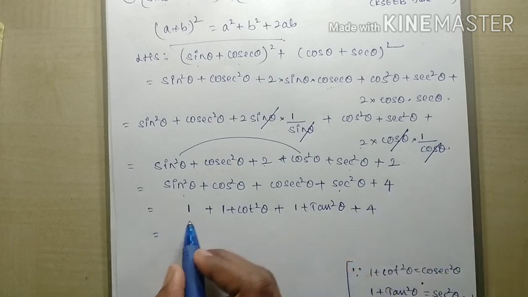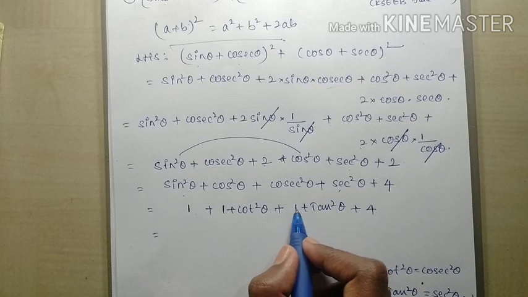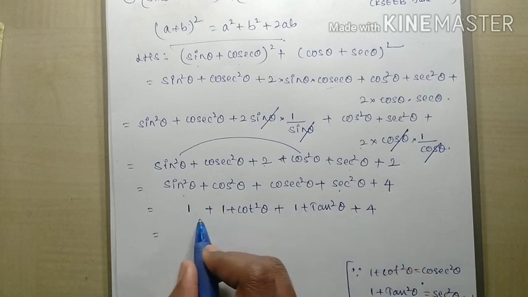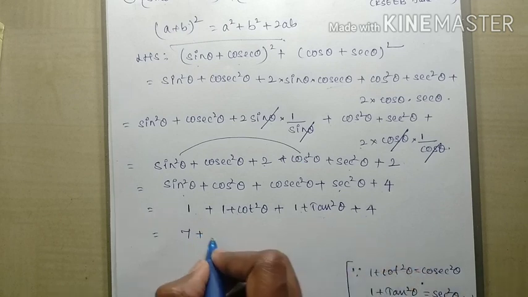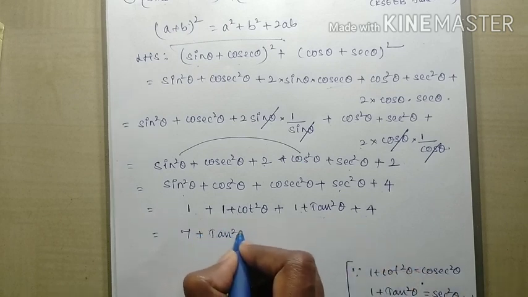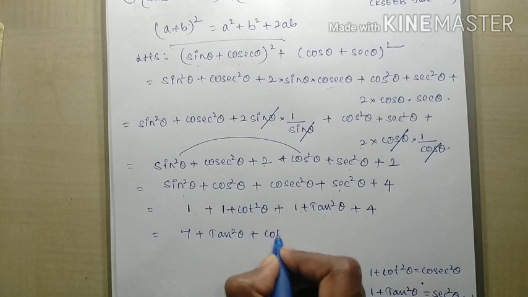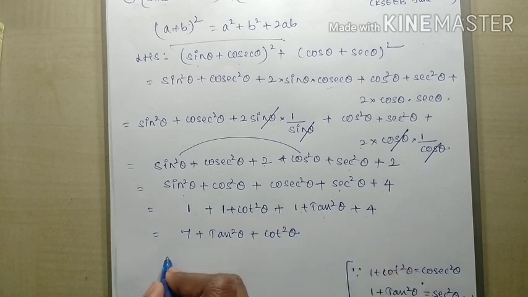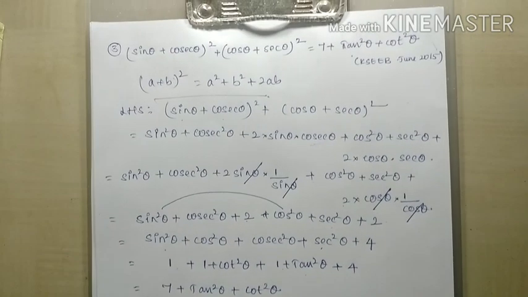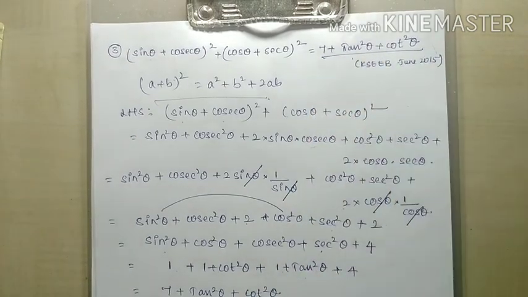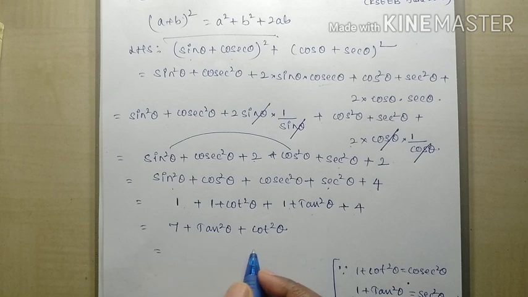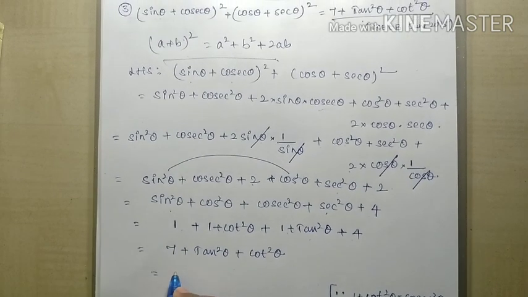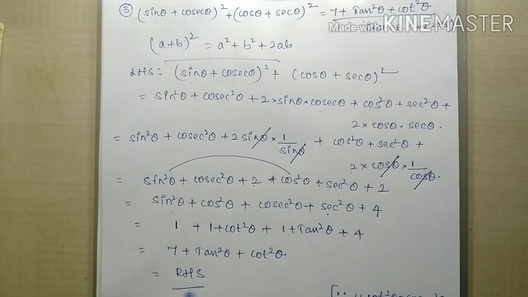Now 1 plus 1 plus 1 plus 4, that is 1, 2, 3, 3 plus 4 is 7 plus tan square theta plus cot square theta. So now see, we got the RHS, that is 7 plus tan square theta plus cot square theta, that is equal to RHS.